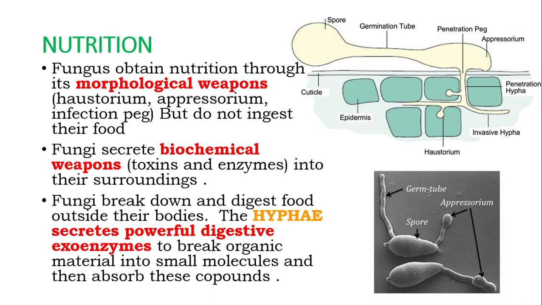This is why when we talk about the introduction of fungi, we said that they have the absorptive mode of nutrition, so they get food through the absorption process. Fungi secrete biochemical weapons like toxins and enzymes into their surroundings, and these toxins and enzymes are used to break down and digest food outside of their body.